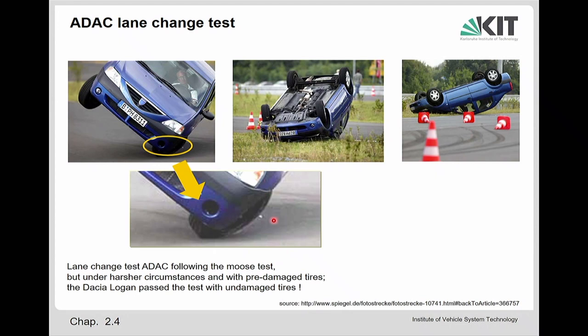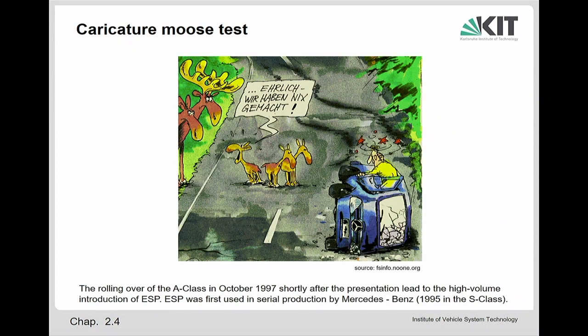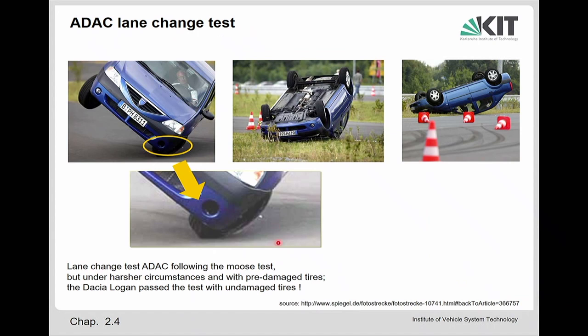And also what you can see here from the lower picture, okay, normally there should be a magnification of this lower picture here. I think, I don't know if it is visible, but you can see that the vehicle is not driving on the tire as it should be.